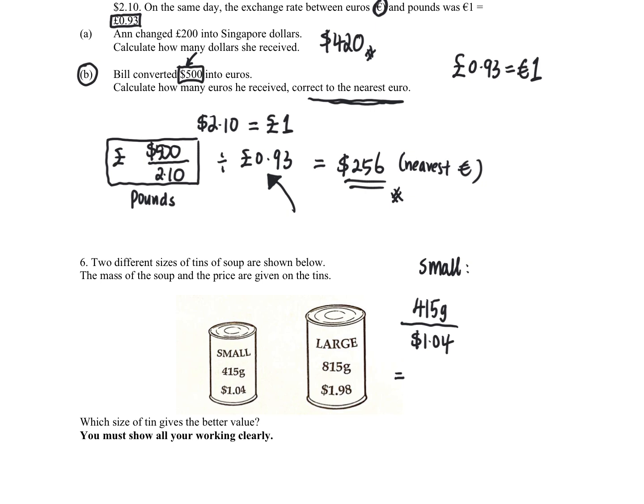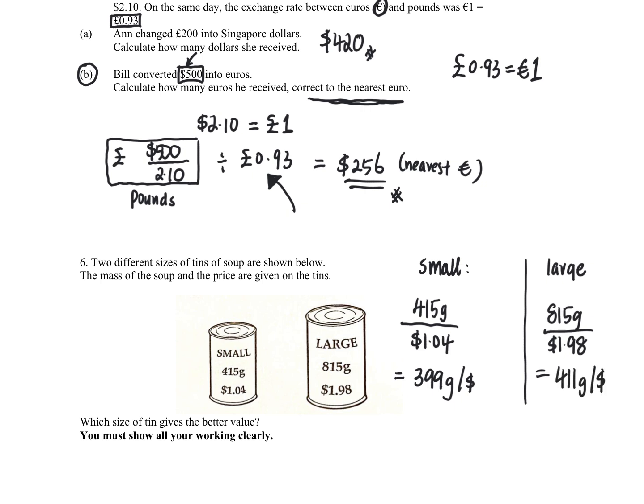Okay, so you use 415 divide by 1.04. You will get 399 grams per dollar. So every $1, you can actually buy 399 grams. That's what it means. But for the big one, the large container, it actually gets me 411 grams per dollar.